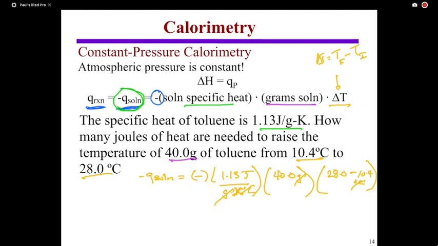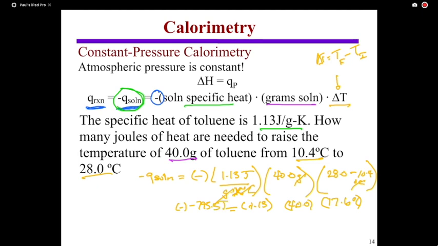What is 28 minus 10.4? 17.6 times 40 times 1.13. You get negative 795.52 joules.